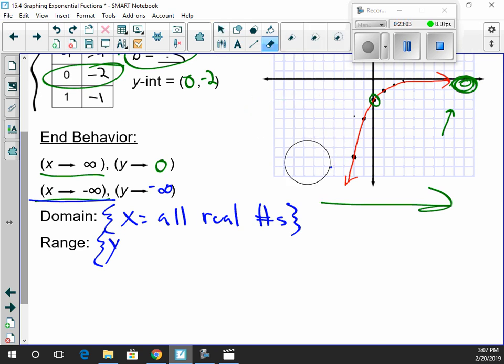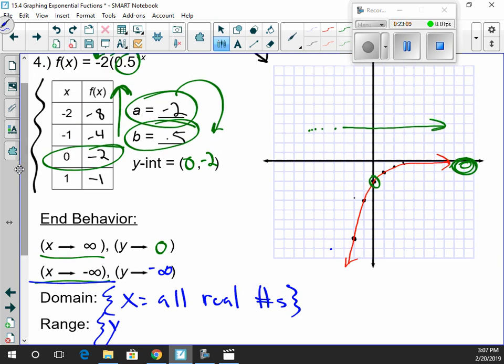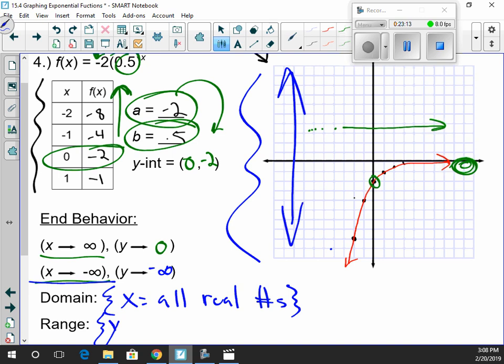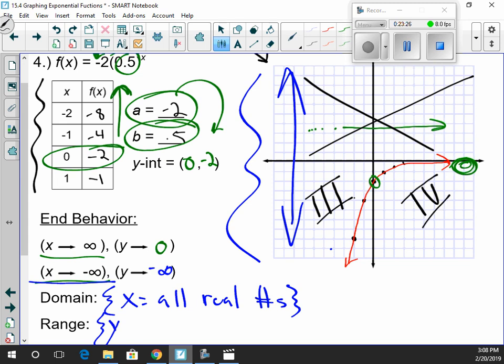Let's go erase some of this stuff here. Again, where is the graph? My y values are anything this direction, here or here. Well, I have nothing above the x-axis. All of my values are in quadrant 3 and quadrant 4.